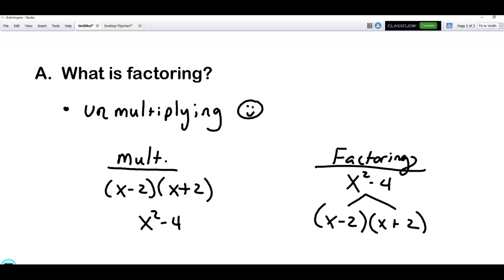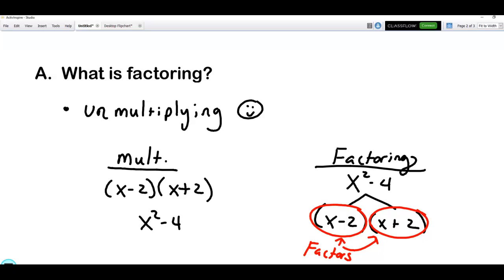These two things down here, when you're all done, these two things are being multiplied. These are called factors. So if you start with a polynomial and you unmultiply it, you're engaging in the process of factoring. The result, each of those pieces are called factors.